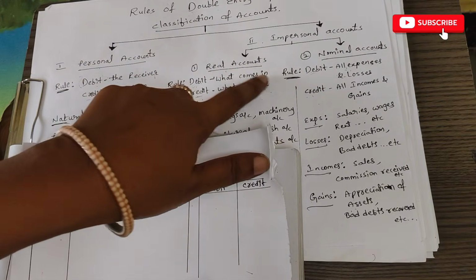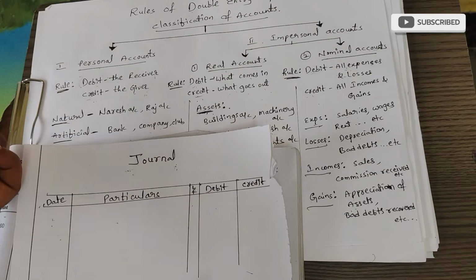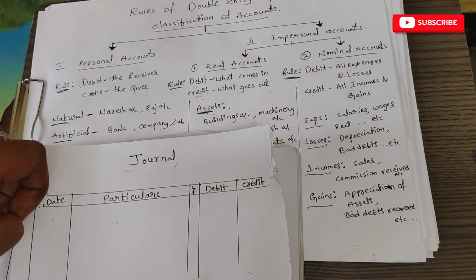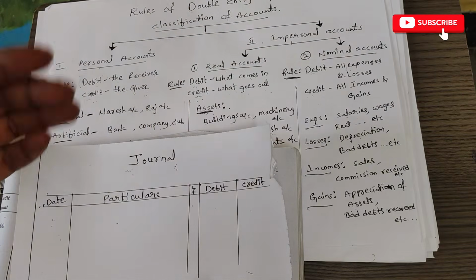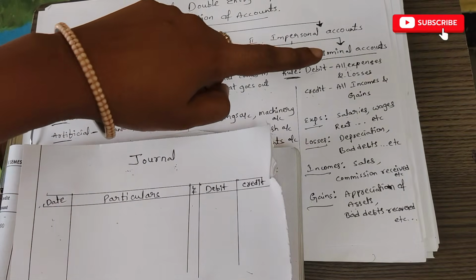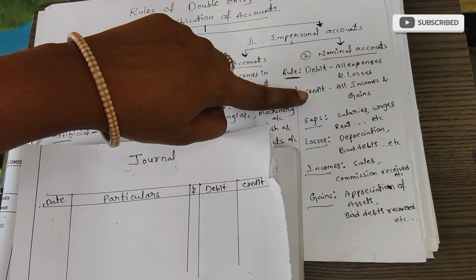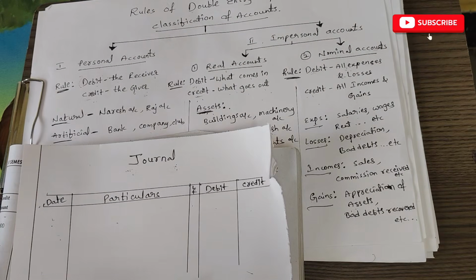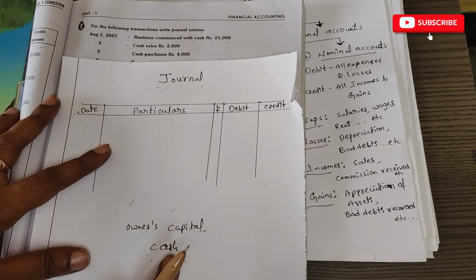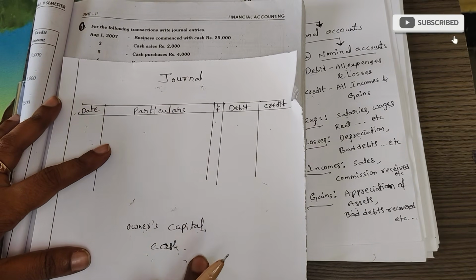Like real account, what comes in debit, what goes out credit. It is related to assets. And nominal account is related to expenses, losses, incomes and gains. All expenses and losses debit, all incomes and gains credit. In these two aspects, we need to identify which one is debit and which one is credit.